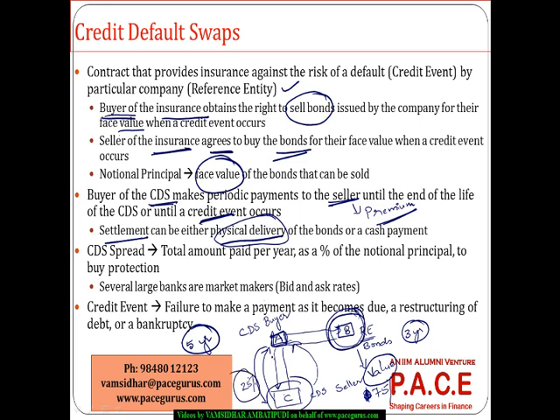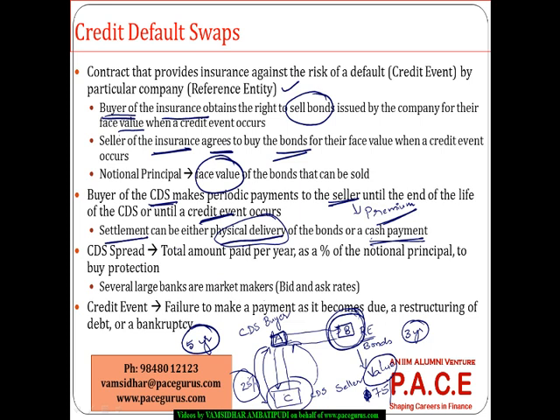So A will not hand over the bonds to C. A will still keep the bonds, which are worth 75% of the face value, but C will compensate for the remaining 25%, which means A has in an effective sense got the 100% out of that particular bond. So that's a kind of a cash payment. In cash payment, the bonds are not physically exchanged. It's only the cash, that is the balance, that is being paid by the protection seller to the protection buyer.